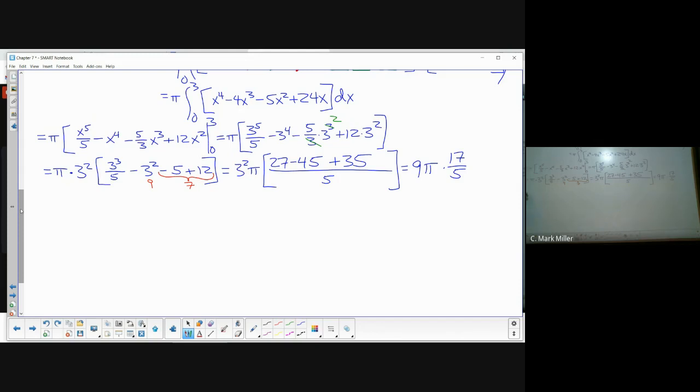So this all equals, what is 9 times 17? Here's how I do that. 10 times 17 is 170. So 9 times 17 is 170 minus 17, or 153. Pi divided by 5. And that is correct.